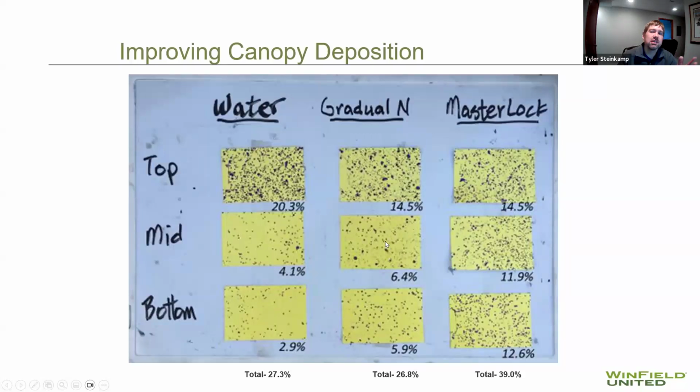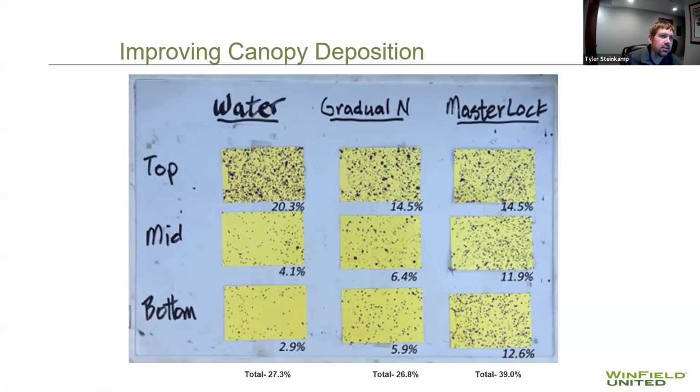The reason why is because you have now, instead of water, which is a little over 8 pounds weight per gallon, now you have Gradual N, which is closer to 11 pounds per gallon. It's a heavier product. It will fall farther. Okay, and you can see that we did increase the penetration of the canopy.